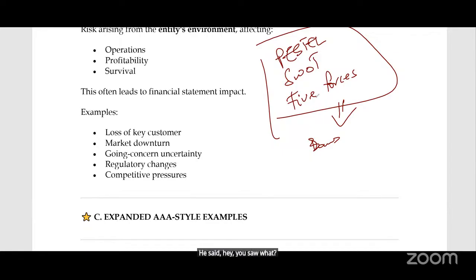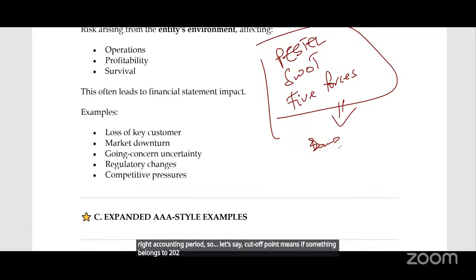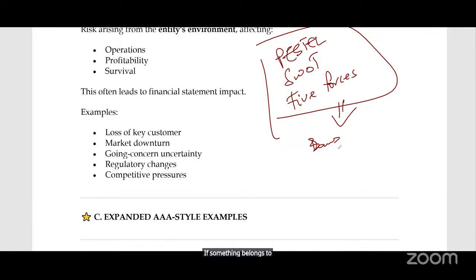Cut off means: does it belong to the right accounting period? So let's say cut off point means if something belongs to 2024, we shouldn't find it in 2025. If something belongs to 2025, we shouldn't recognize it in 2024. Some companies do aggressive revenue reporting.